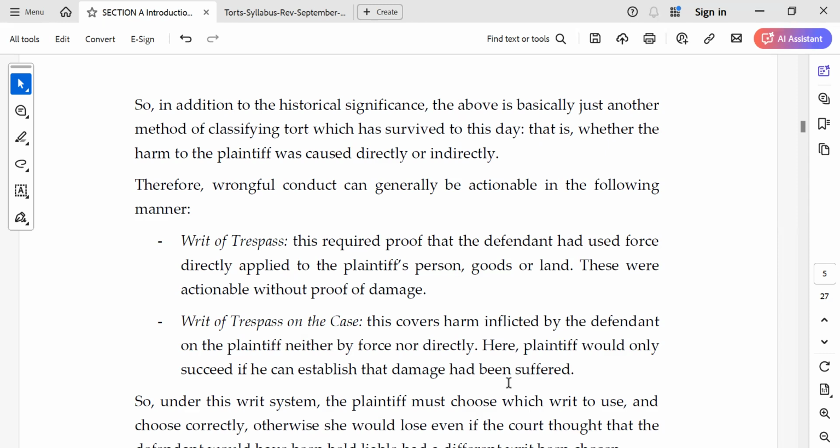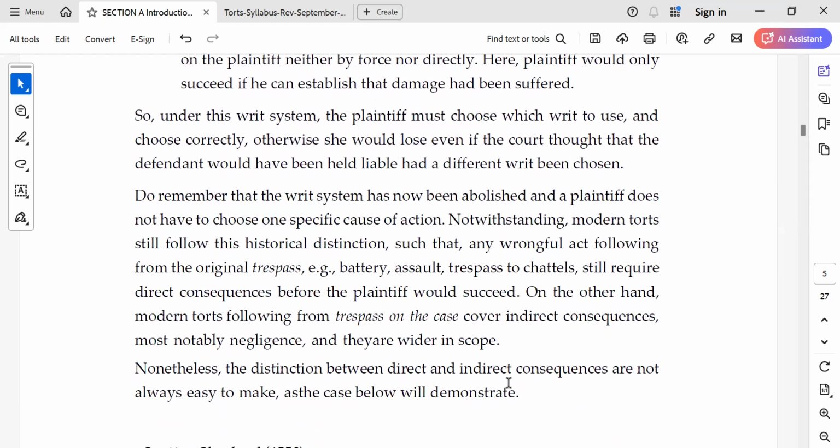So that is a change they made from the Walden case. Therefore, wrongful conduct can generally be actionable in the following manner. What are the two categories that we have? Two forms of action. It can be actionable under the writ of trespass or under the writ of trespass on the case.